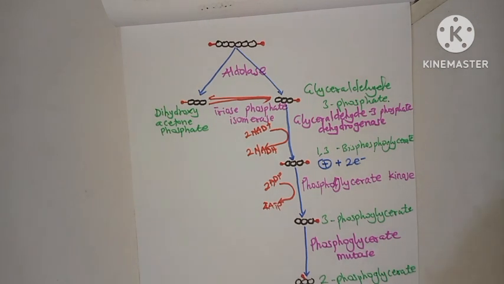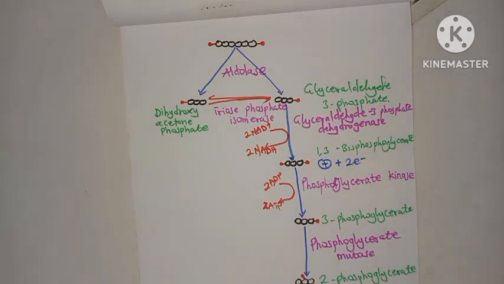You see, when the phosphate was on carbon 3, we called it 3-phosphoglycerate. And then the phosphate now comes to carbon 2. We now call it 2-phosphoglycerate.